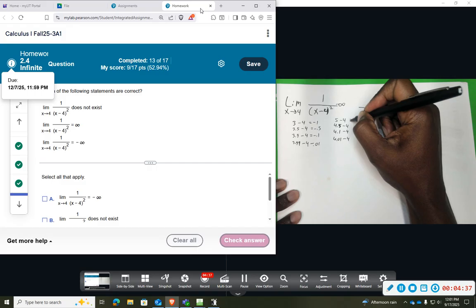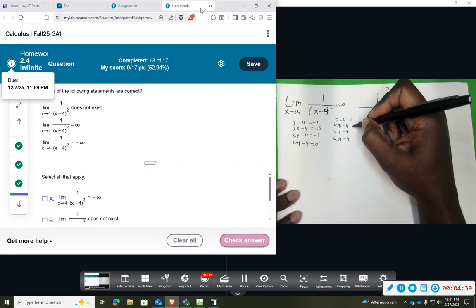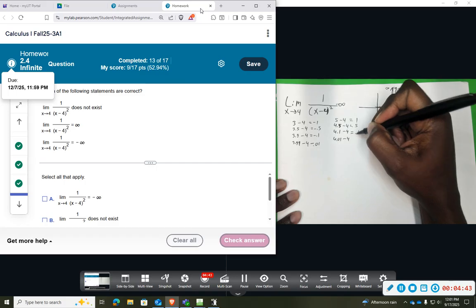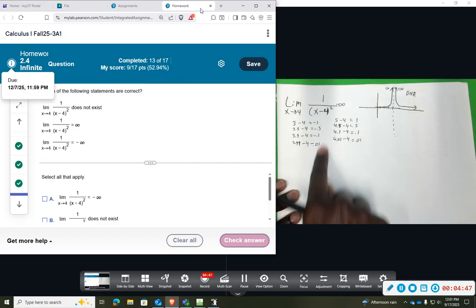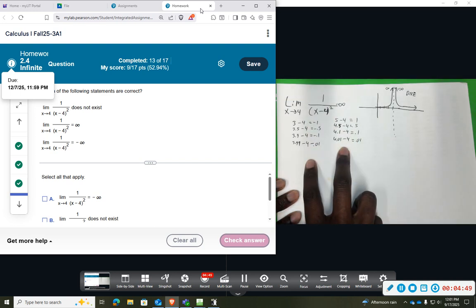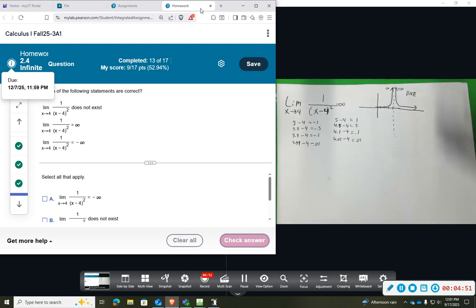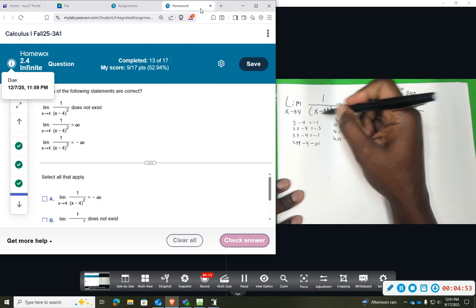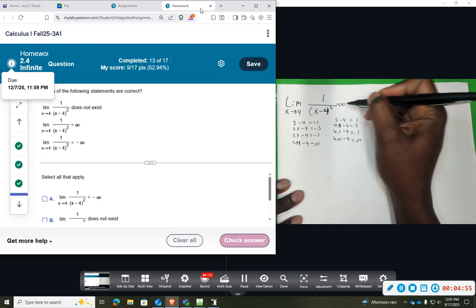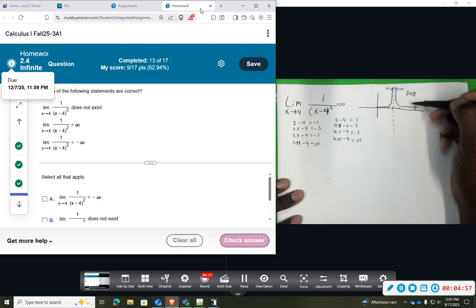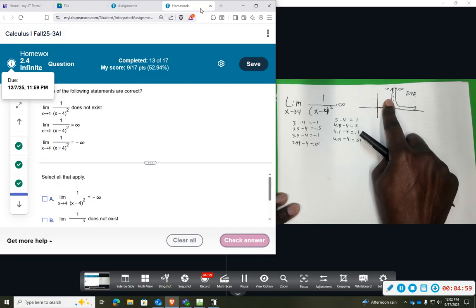What we will be getting is positive 1, positive 0.5, positive 0.1, positive 0.01. So you're getting the same exact values because we picked those numbers in such a way that we're getting closer to 4 on either side. And again, you're going to be squaring them, so you get a positive and a positive. You're shooting off to positive infinity, same thing that you would notice from the graph.